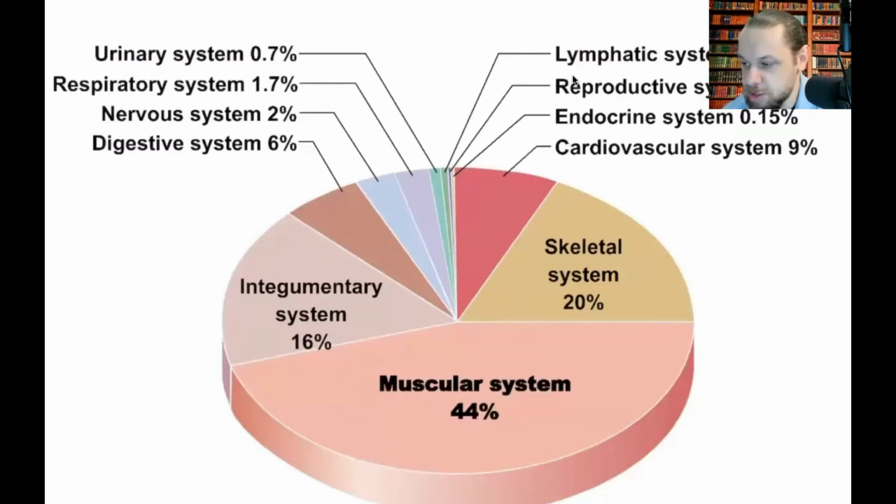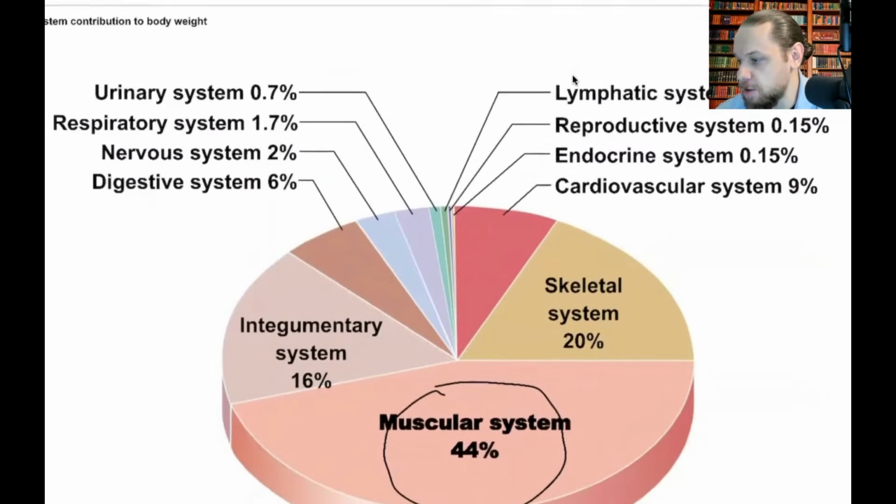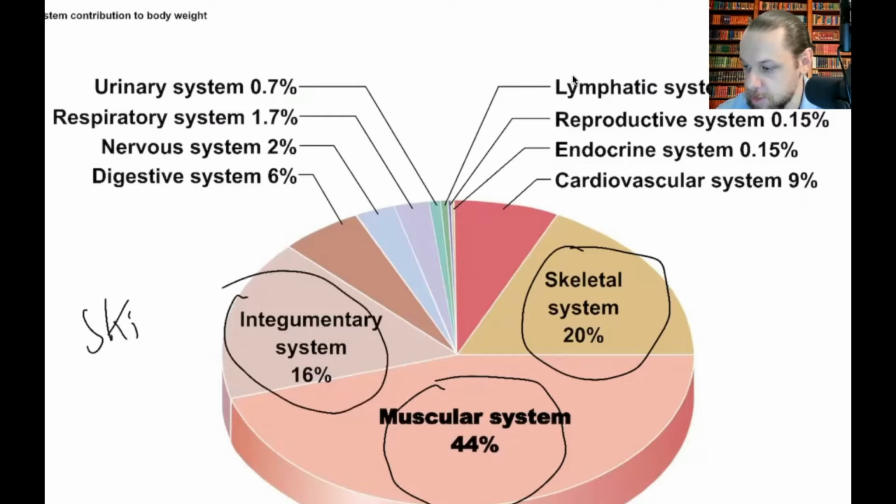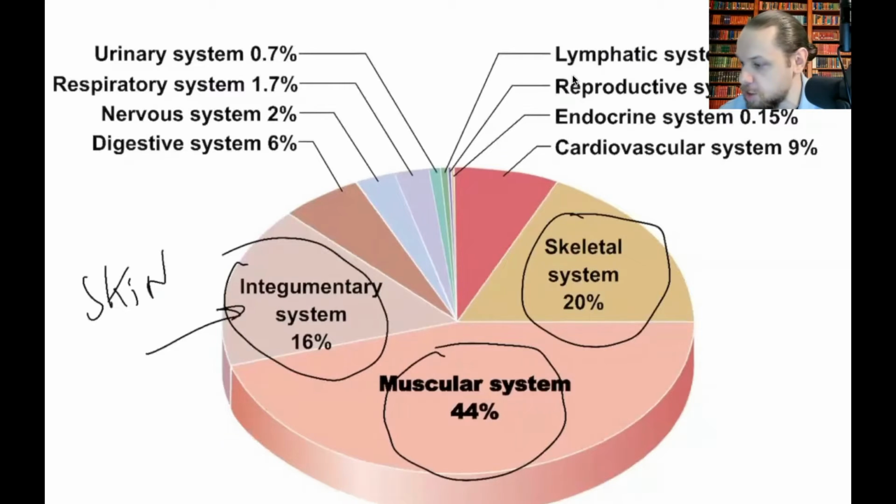So the muscular system, as you see here, is a predominant 44% of your body weight. And here you see the other components. We talked about the skeletal system, which is about 20% in weight. The integumentary system, we talked about, this is the skin, and it's about 16%. So the bulk of it is certainly 44% being the muscles that you have.